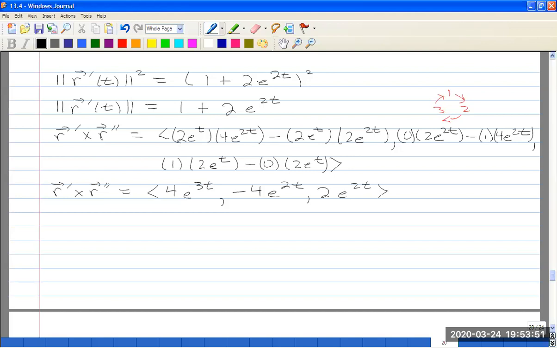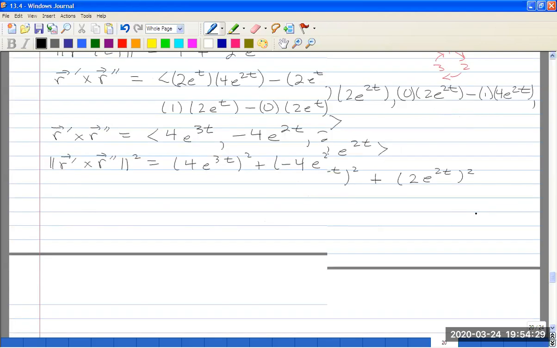Okay. So let's find the length of this. So the norm of r prime cross r double prime is 4e^{3t} squared plus negative 4e^{2t} squared plus 2e^{2t} squared.